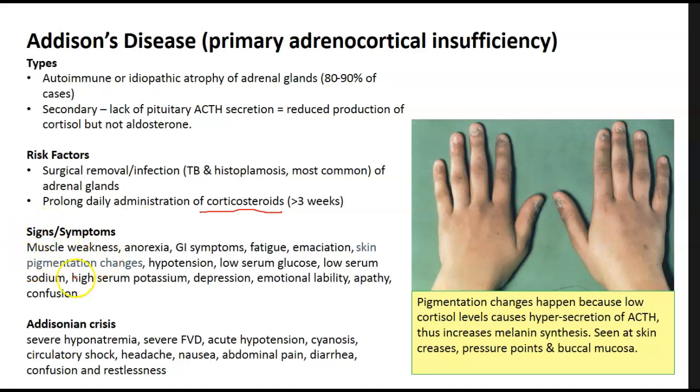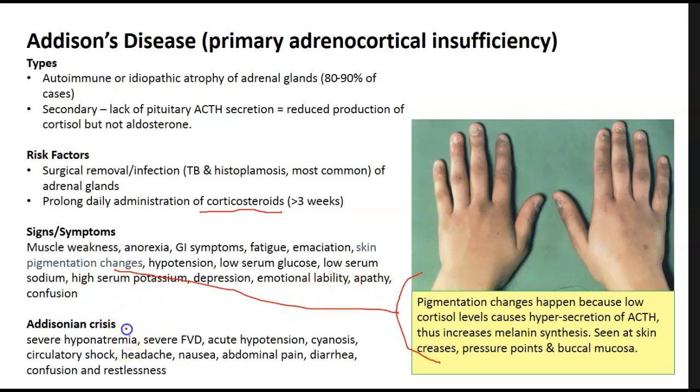Signs and symptoms, muscle weakness, GI, fatigue, emaciation, skin pigmentation changes, and this kind of really talks about it right here. We're going to talk about the pigmentation. High potassium levels, low sodium, depression, emotional lability, apathy, and confusion.